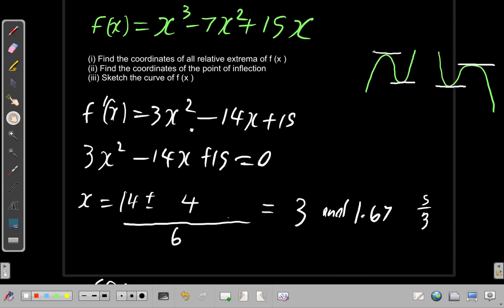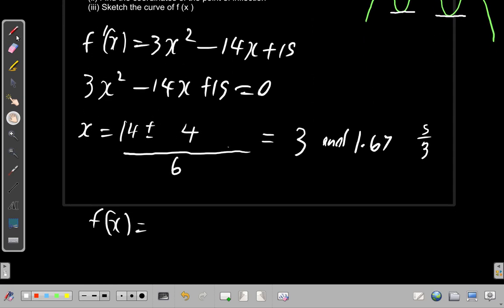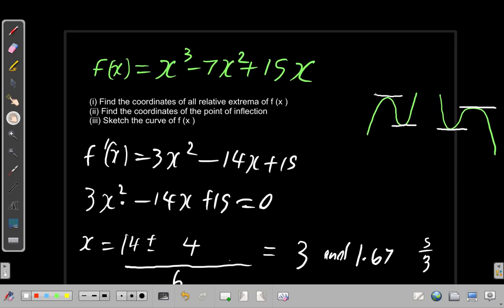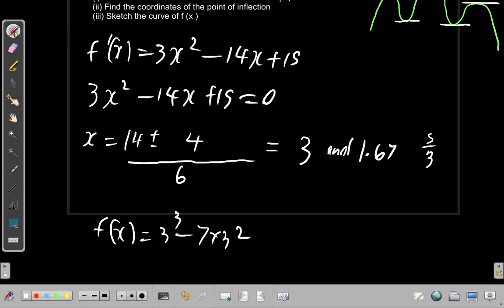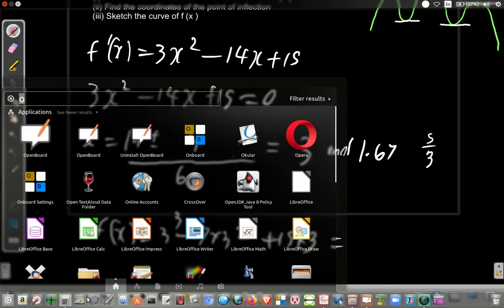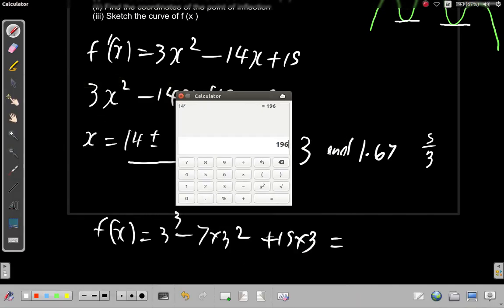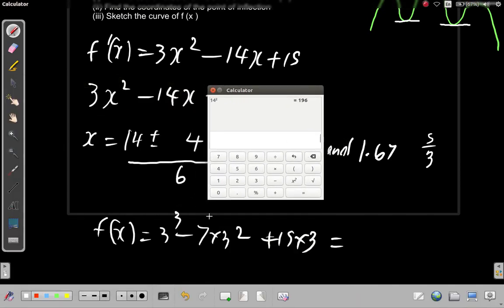We're going to have 3 cubed minus 7 by 3 squared plus 15 by 3. Alright, so what does this give you? Let's get our calculator again. 3 cubed, 3 3 is 9, 9 3 is 27.